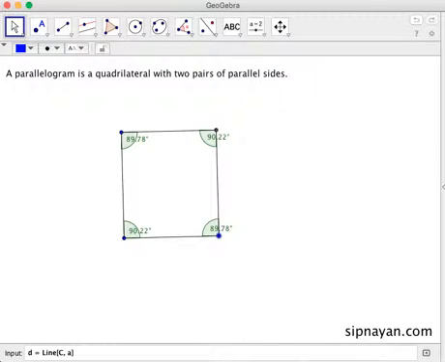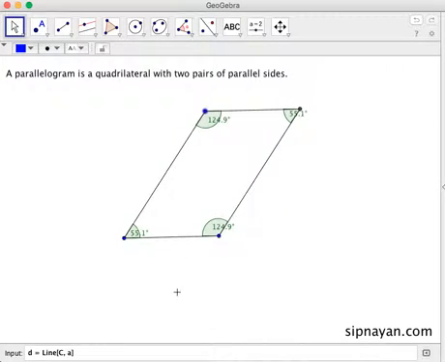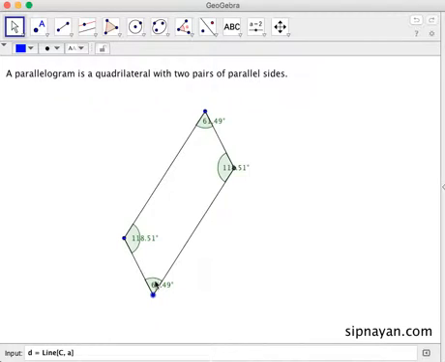So anong na-observe ninyo ngayon doon sa interior angles? 90.22, 90.22, then 89.78. This is also 89.78. Paano kung ginalaw ko? Pareho pa rin ba? Pareho, no?